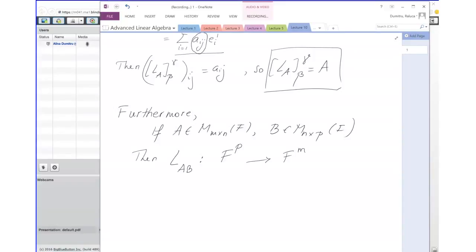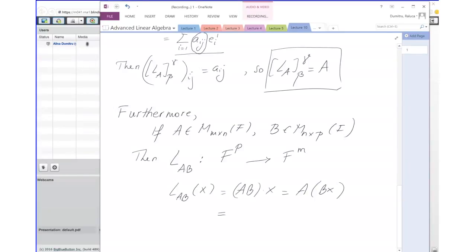Correct? When you multiply A by B, you're going to get an M by P matrix. This is A times B. What does this do? This is left multiplication by the matrix A times B. Matrix vector products have this nice property that they are associative, so this is the same as A times Bx.